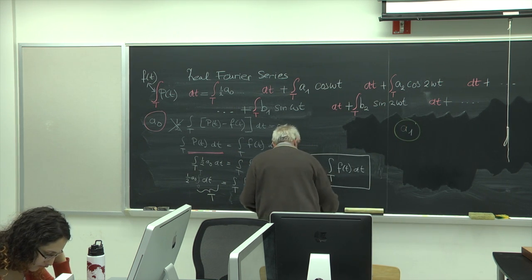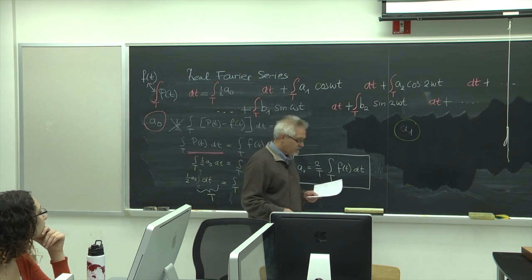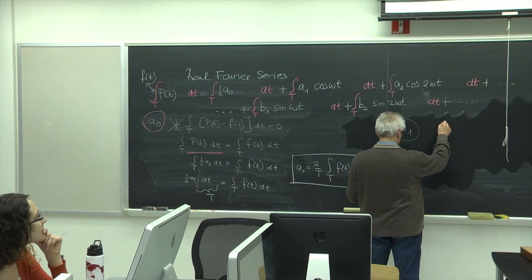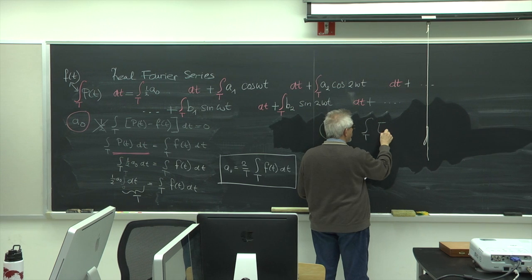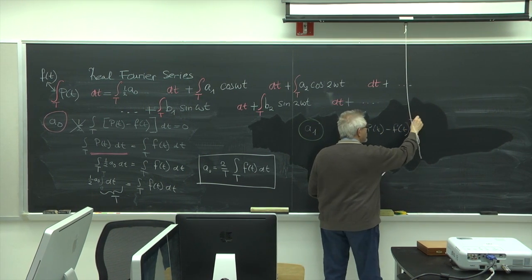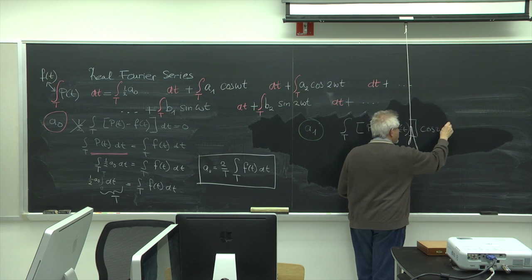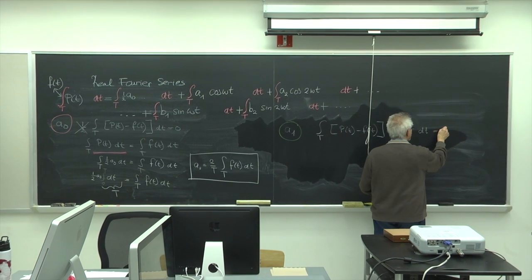For a1, we had said that the derivative was cos omega t. So now my expression for the error becomes, integrating over a full period, p(t) minus f(t) times cos omega t, which was that partial derivative, dt has to be 0.